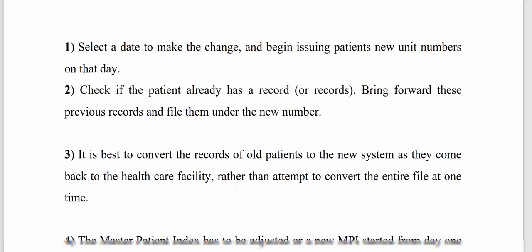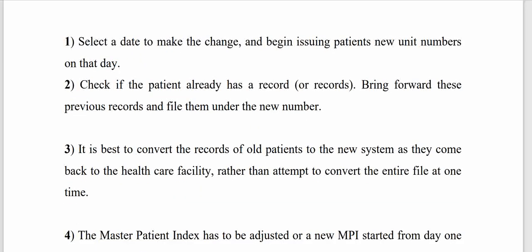All right. Moving forward, step number two, you must check if the patient already has a record. Okay, if the patient has a record already, therefore bring forward those previous records and file them under the new number.